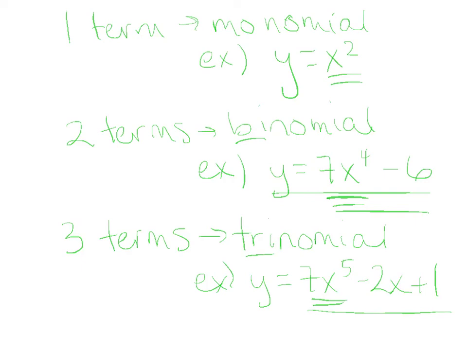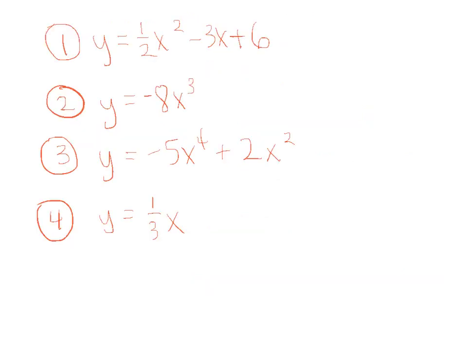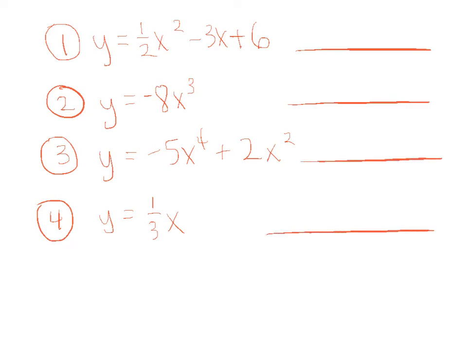So on the final slide, I'm going to put 4 examples, and I'd like you to name each of those, and tomorrow in class we can go over the names for these 4 examples. Okay, so that's on the next slide. Okay, so here are the 4 examples, and you should name each one of them, and again, we'll go over them in class tomorrow.